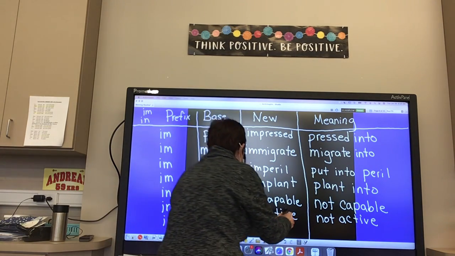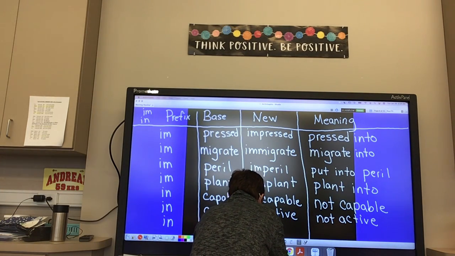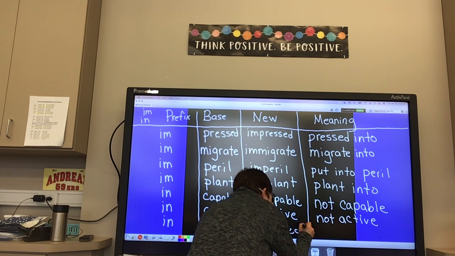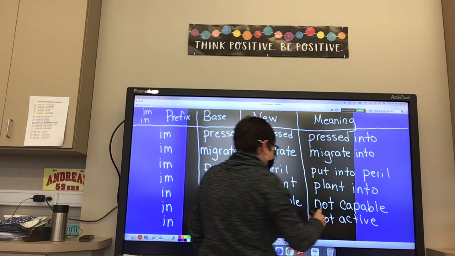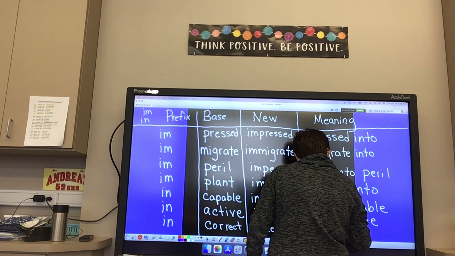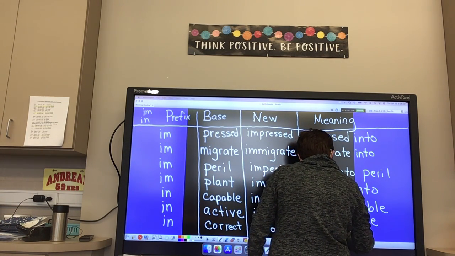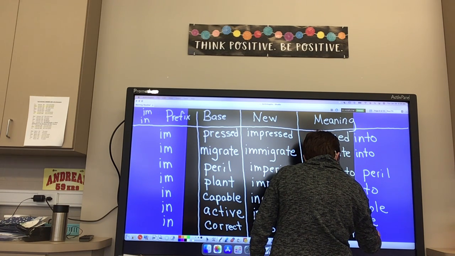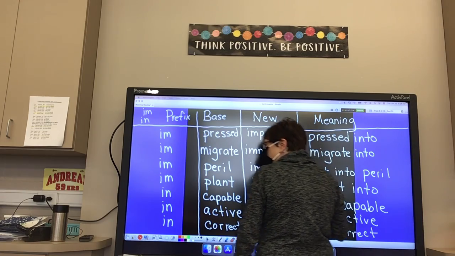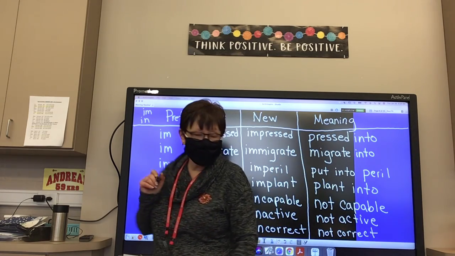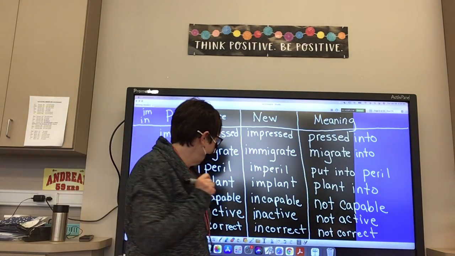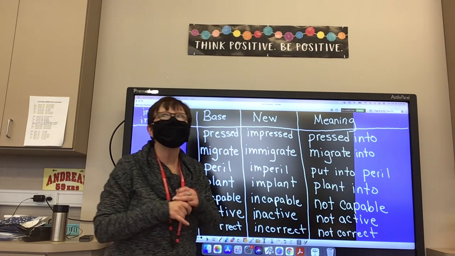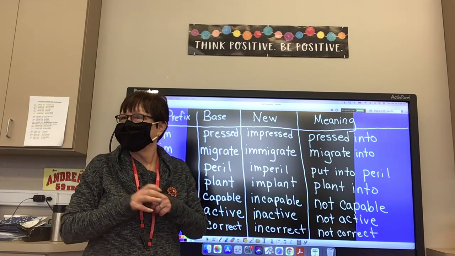Incorrect. And what does incorrect mean? Not correct. Good job. Very, very good. Let's see, 1, 2, 3, 4, 5, 6, 7. We'll stick with an odd number of them today.